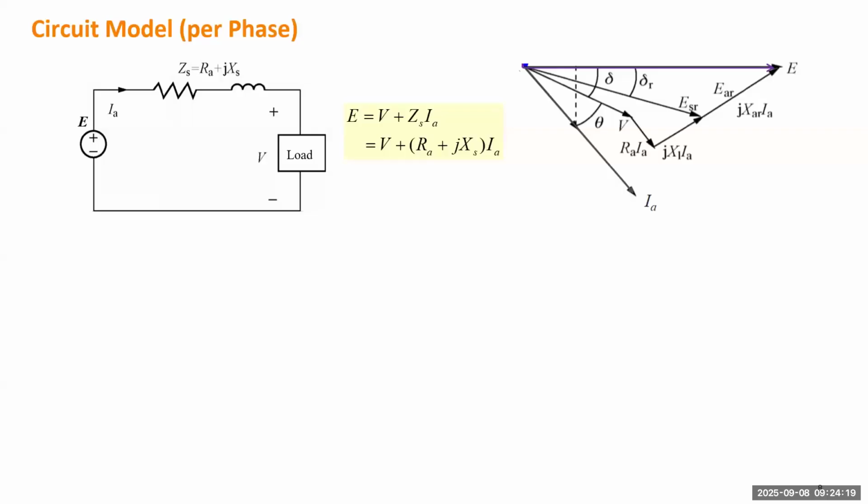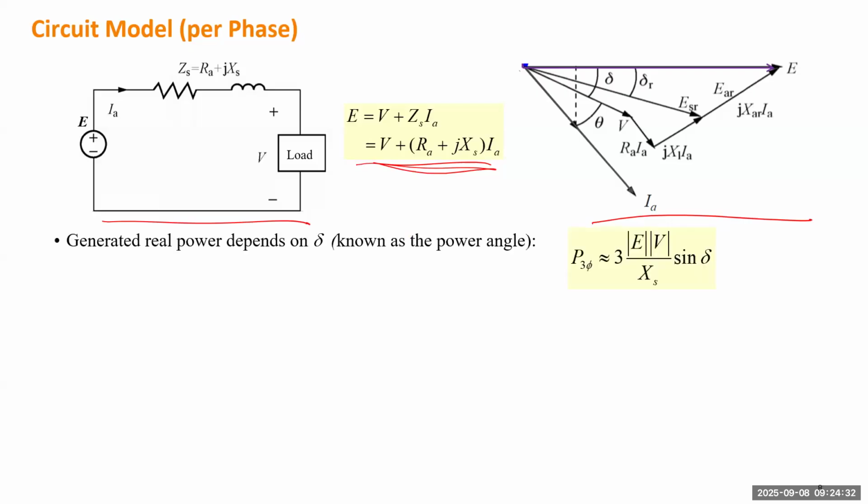Okay, so from now we're safe to use only this equation, this circuit, and this phasor diagram to do all the calculations for the generator. So first, the real power depends on the angle, right? This is a fact we already know from the previous section.